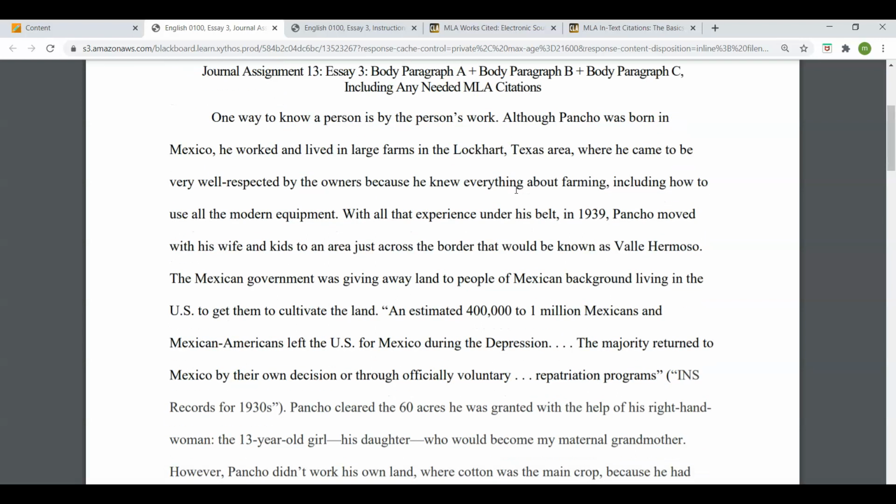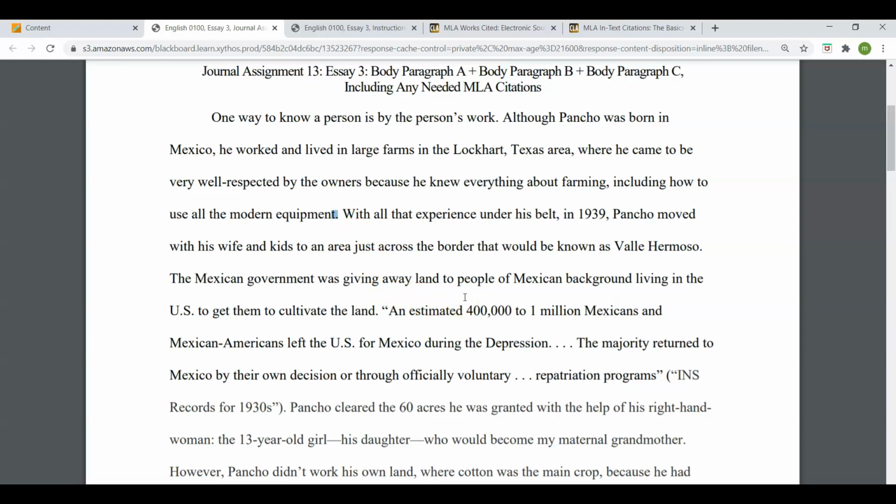In essays 1 and 2, many students have missed the minimum. They've only had 4 or 5 or 3 or even 2 or 1. And part of that is periods. I think some of you meant to have 6 or more sentences, but instead of using periods, you used commas and semicolons. Again, you can use commas, but commas don't end sentences.